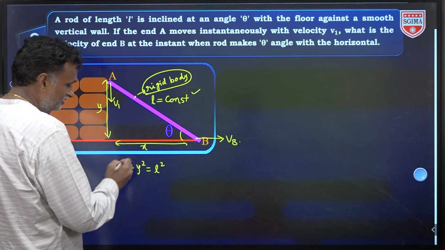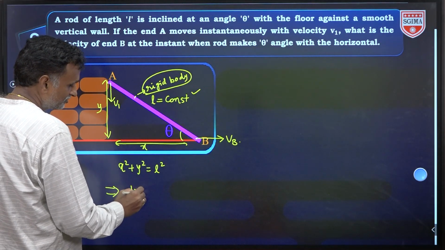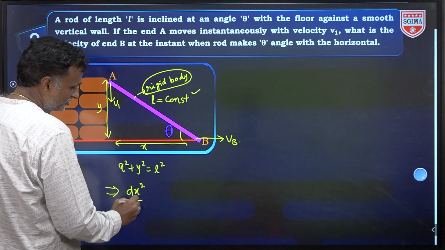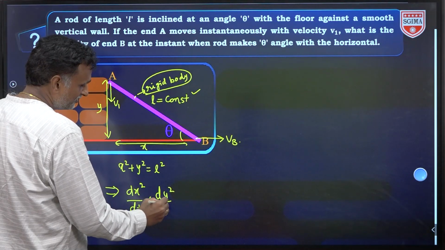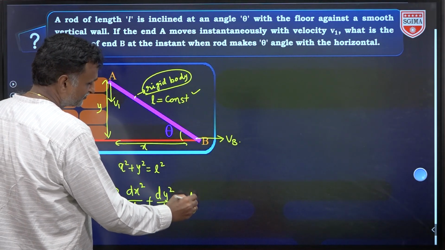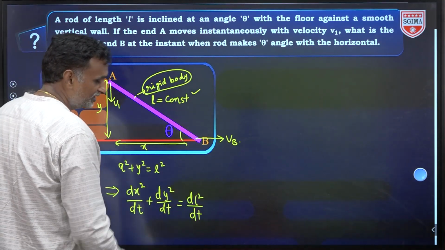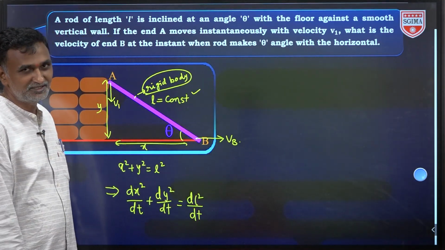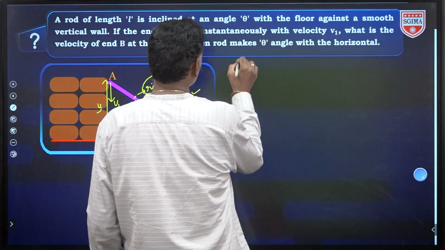So, first of all, differentiation of this equation with respect to time: d(x square)/dt plus d(y square)/dt equals d(L square)/dt. Since L is constant, the differentiation of a constant will be 0.